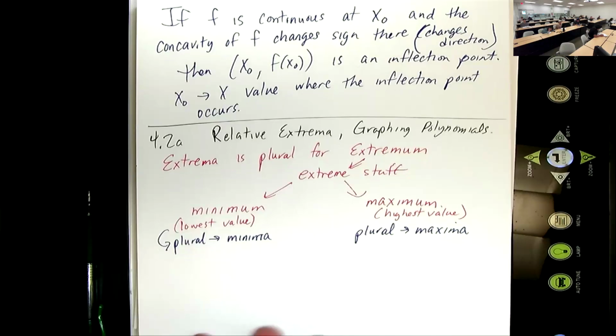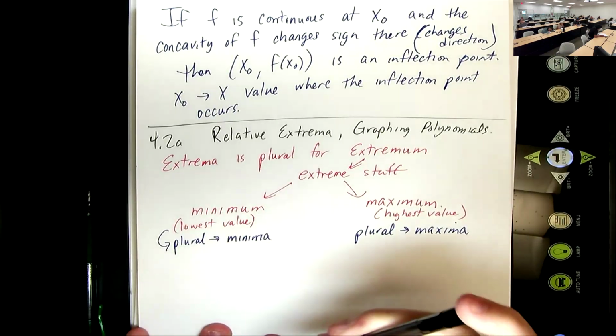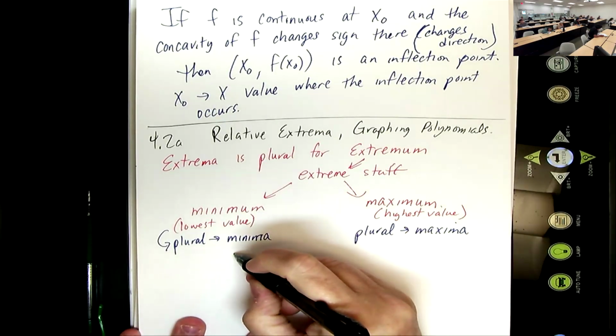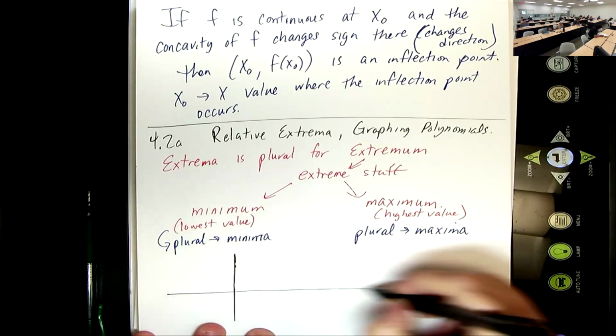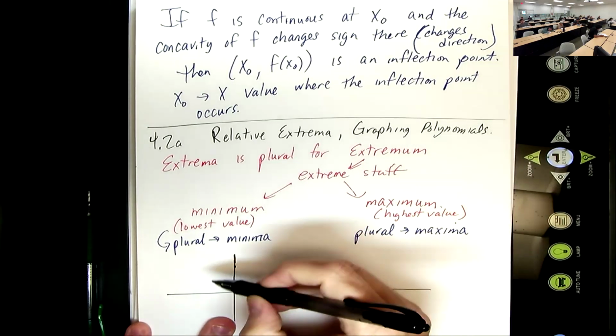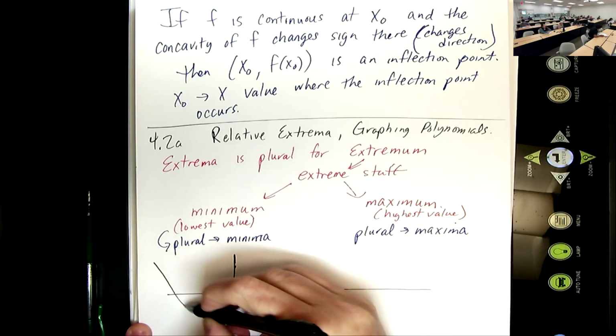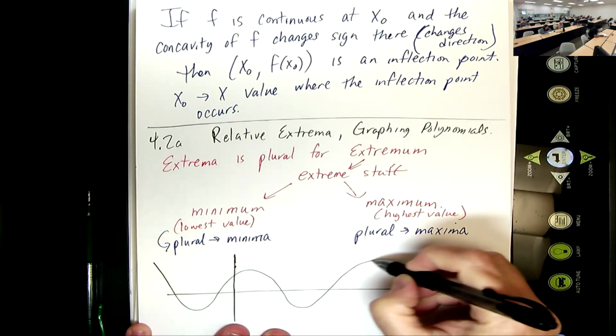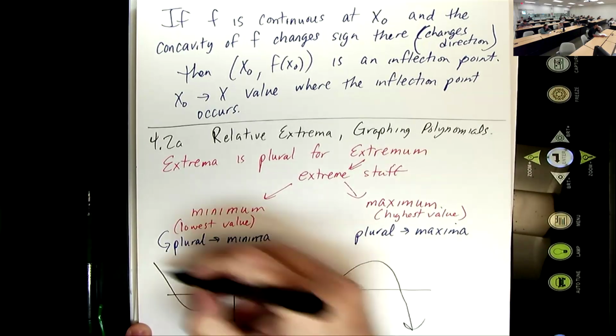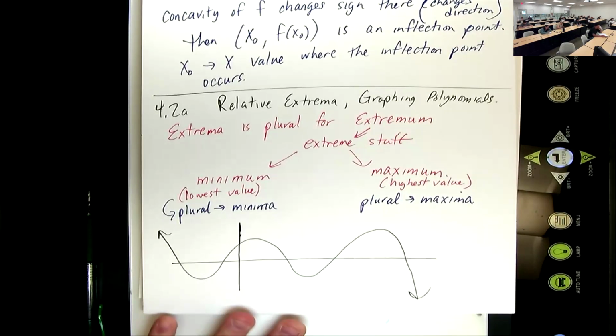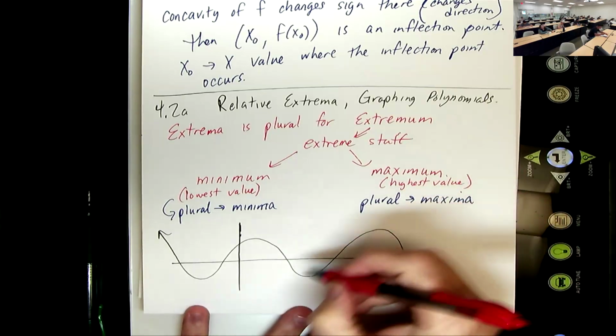So I can have a graph that does something like this. What would the minimum look like on this graph?